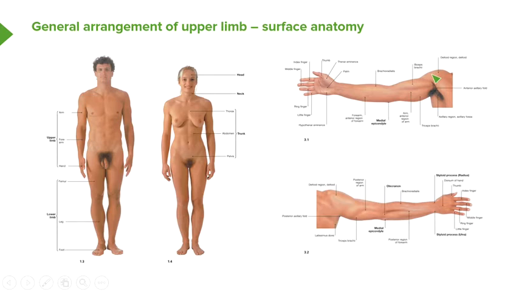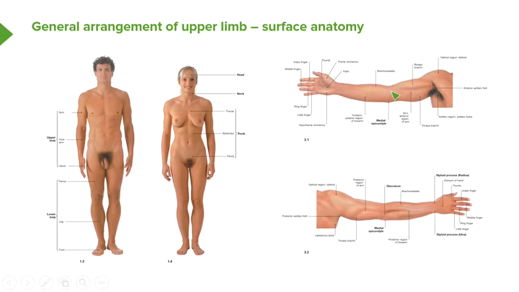We then pass down distally towards the elbow, and between the elbow and the shoulder, we find the arm. We can see a groove here that is separating biceps brachii and triceps brachii, and this nice little cleft is where you can palpate the brachial artery. So there are some important surface landmarks here.